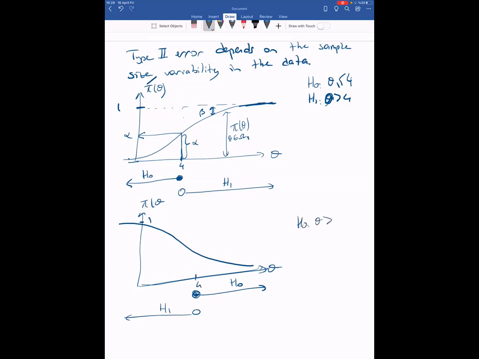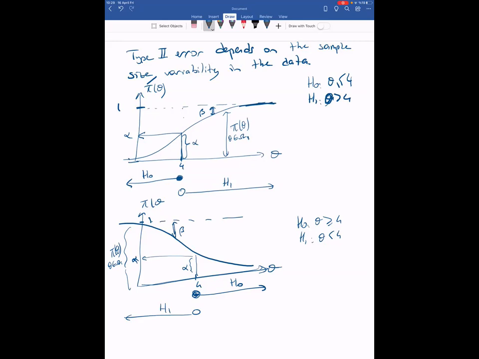We want to test theta greater than or equal to 4 versus theta less than 4. Now this value gives us our alpha, and this region gives us the power function for theta in the alternative space, the higher values that we accept. This is the alpha level, and the region above the curve gives us the type 2 error probabilities.